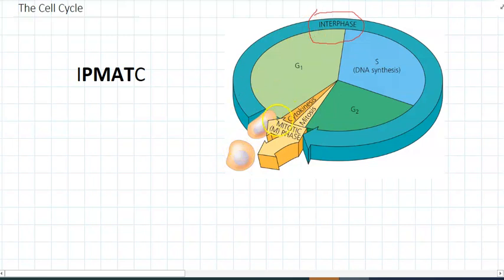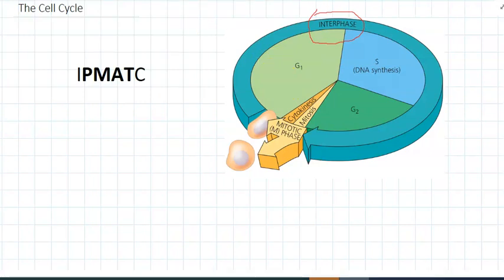So from the instant that a cell is first made at the end of its parent's division, it's in its interphase. So it's doing its thing, like I explained last time. Whatever cell it is, it's performing its role in the body. So muscle cells are expanding and contracting, and cells in your stomach are producing enzymes, and the cell's doing whatever it needs to do to contribute to the body.